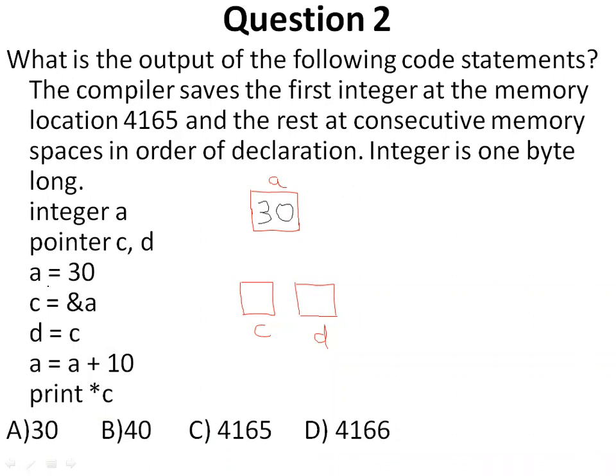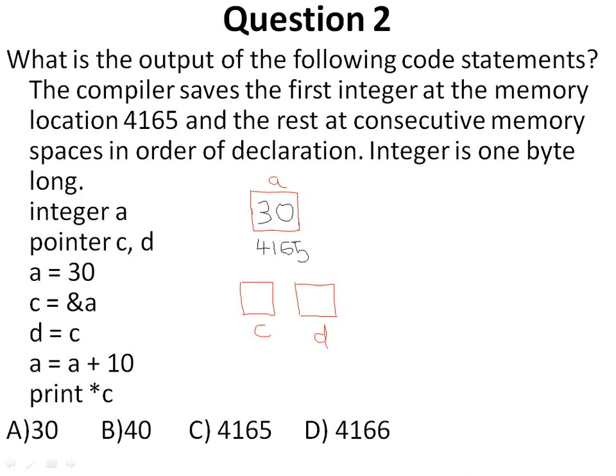Then C is equal to the address of A. He has given here that the compiler saves the first integer at the memory location. What is the first integer? A. The address of A is 4165.